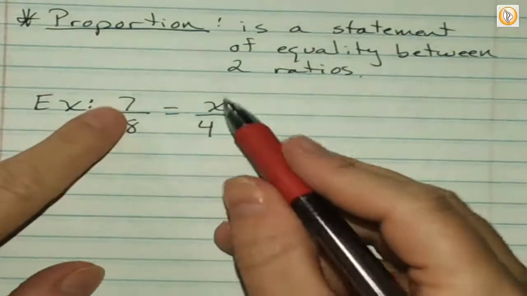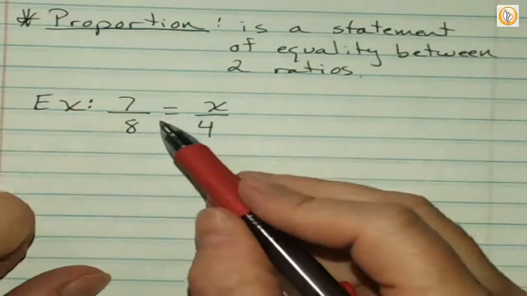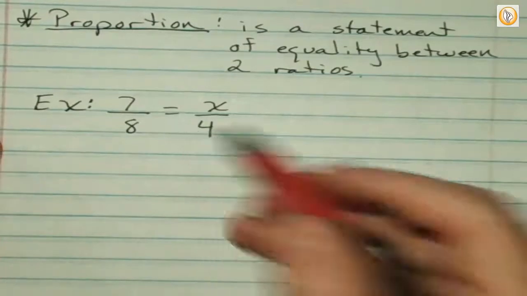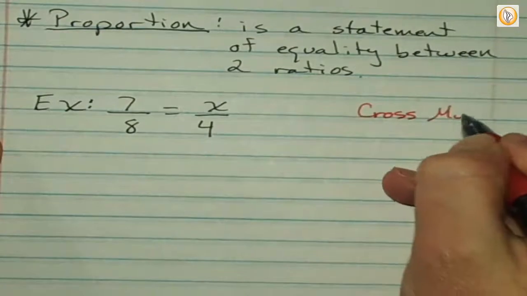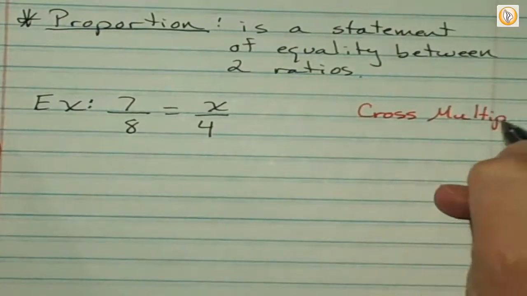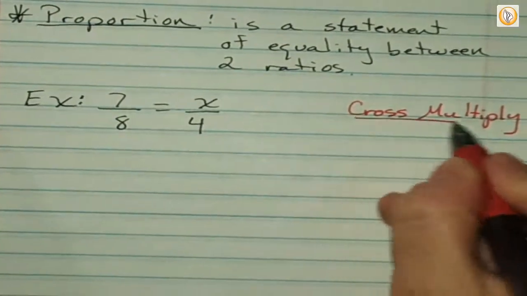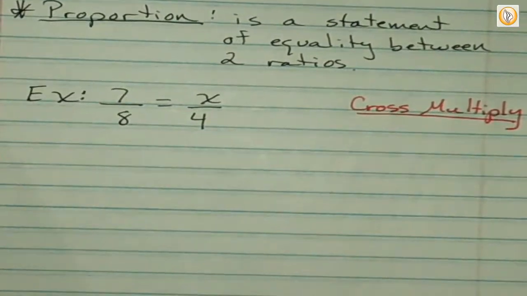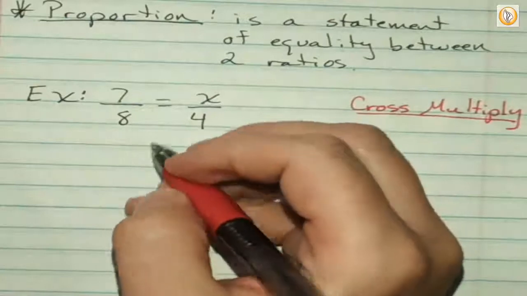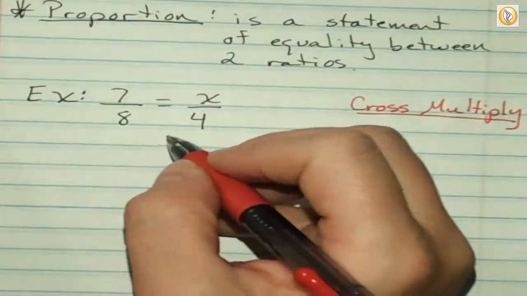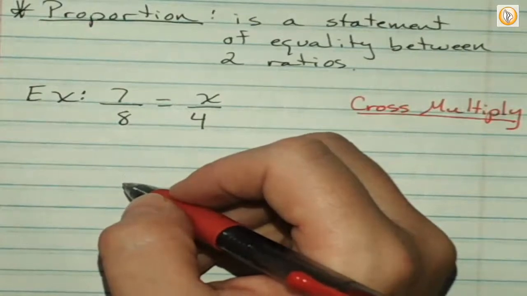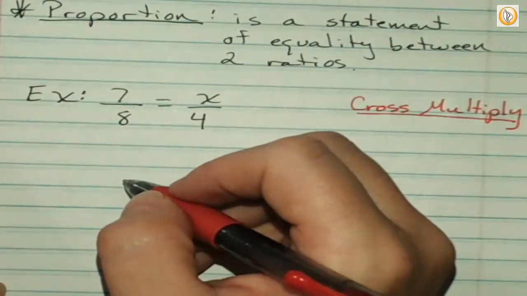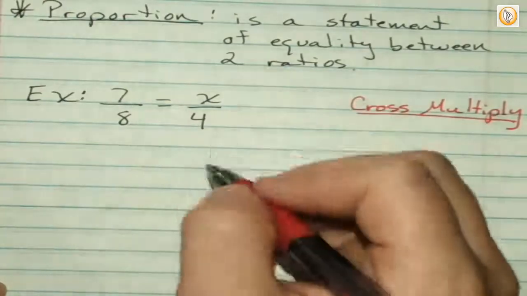When you have two fractions with an equal sign, you are cross multiplying. This stuff is a little bit easier than all the other stuff. And let me ask you, Cecilia, when I cross multiply, do I go up or down? Do I go up or do I go down?